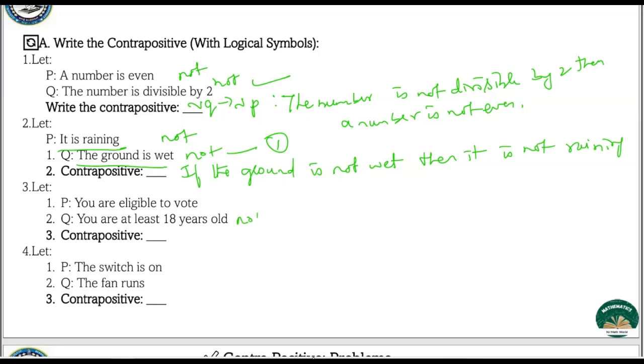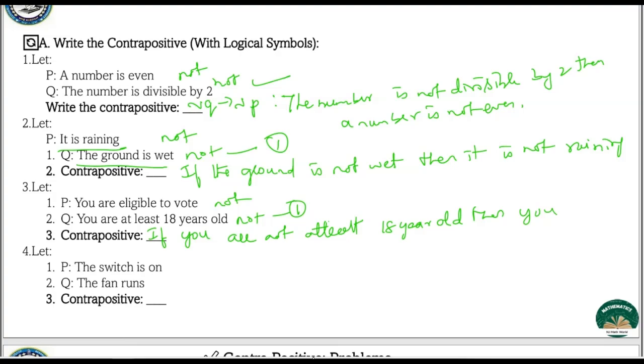So we should use not for both, and use Q first and then P. If you are not at least 18 years old, then you are not eligible to vote.